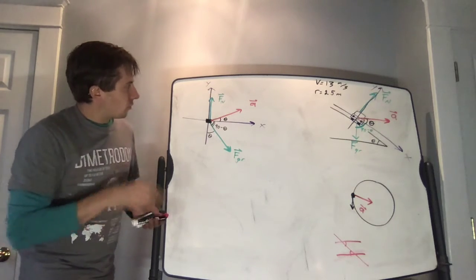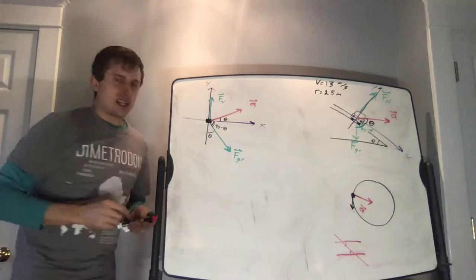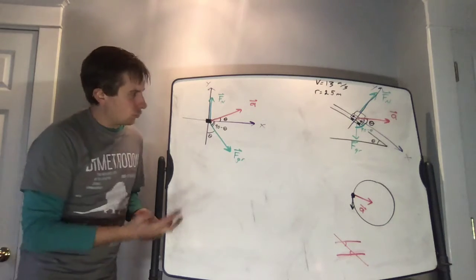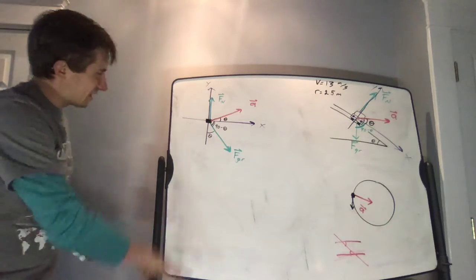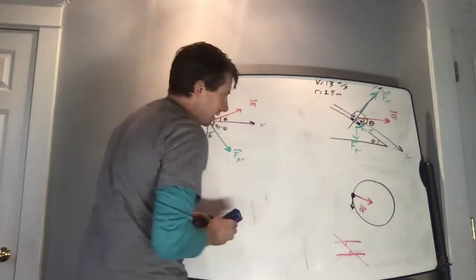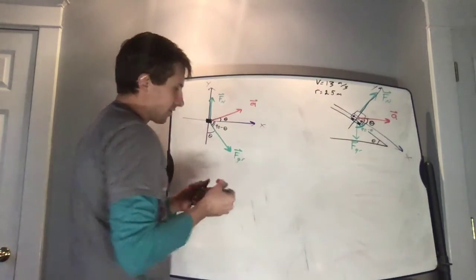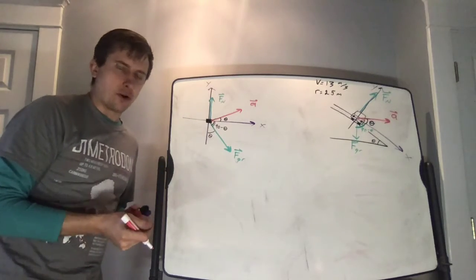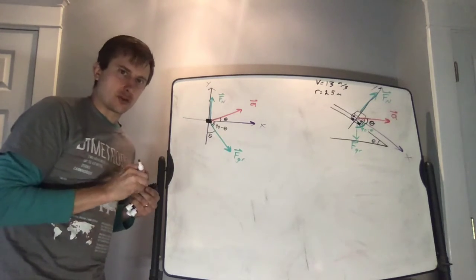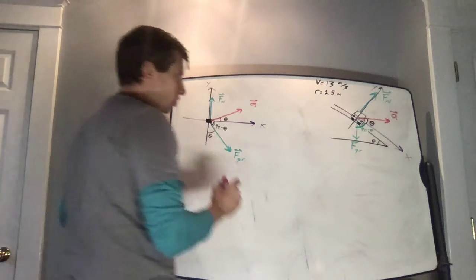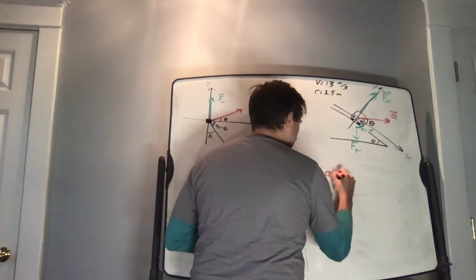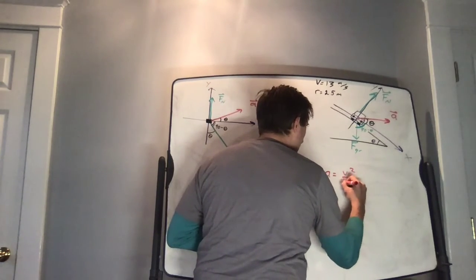Let us now write these vectors in their components, and we'll actually calculate the acceleration of the vehicle. So the acceleration of the vehicle is going to be v squared over r. It is moving in a circle at constant speed. So I could write a is equal to v squared over r.